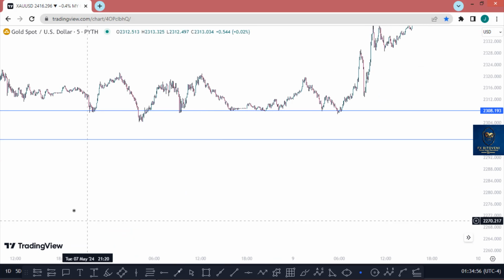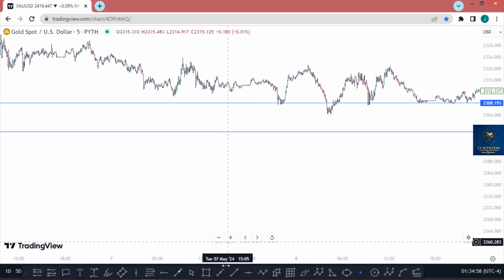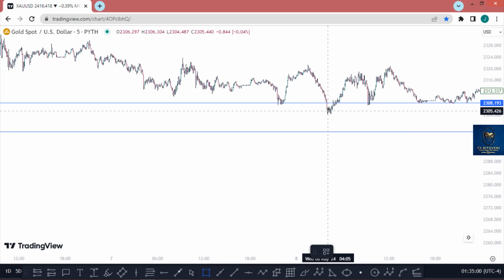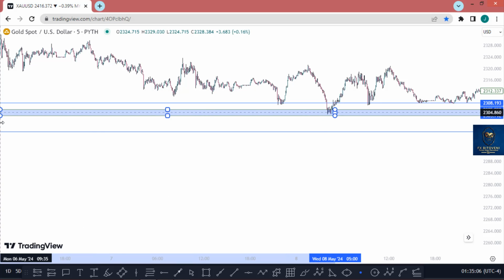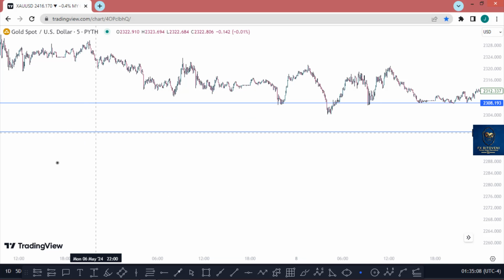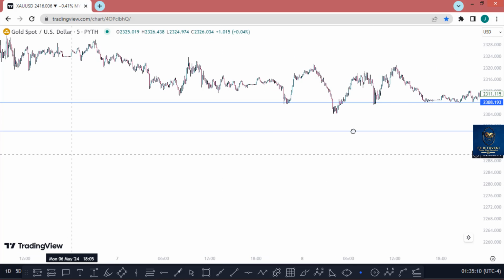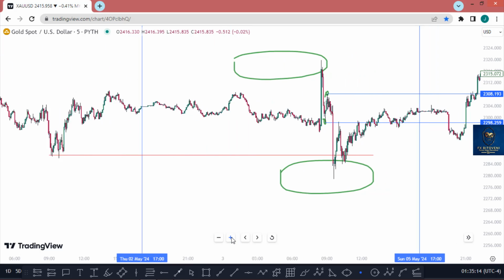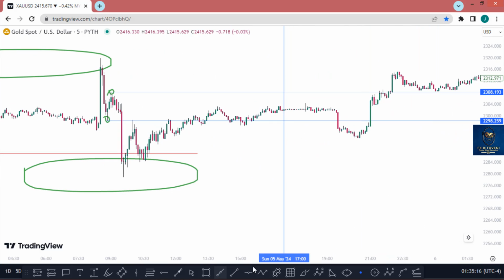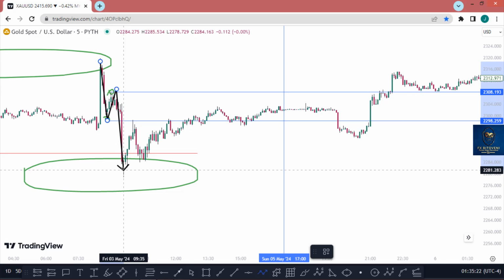Now, how do we know price will touch here? This is what we are looking for. How do we know a point where market will touch this area? Remember the drawing I showed you, something like this. A pullback, a push.